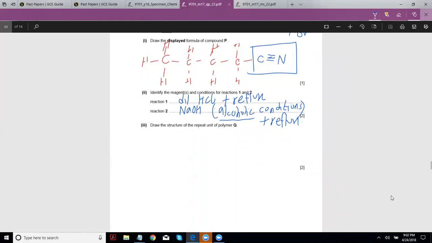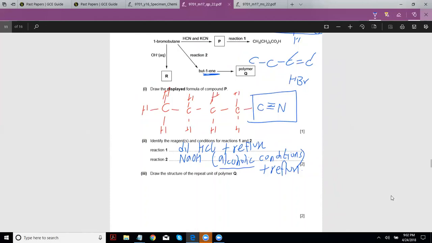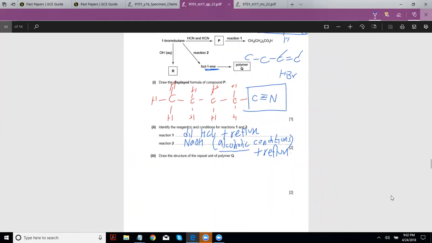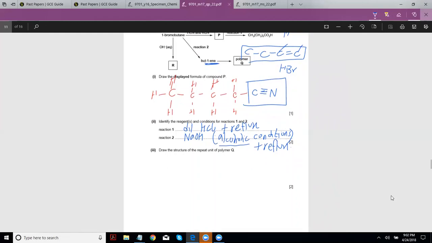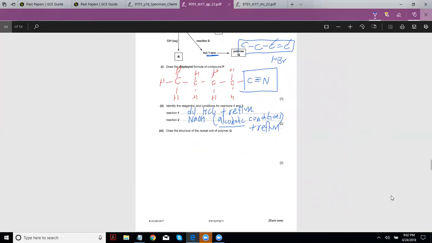So draw the structure of the repeat unit of polymer Q. Polymer Q क्या है? So you have but-1-ene, जो ये चीज है, and इसको आपने लेके polymer Q बना दिया, which is addition polymerization. So basically what you're going to do, if you look at this, but-1-ene तो ऐसे है ना, it has this CH2 and this has CH3 like this.